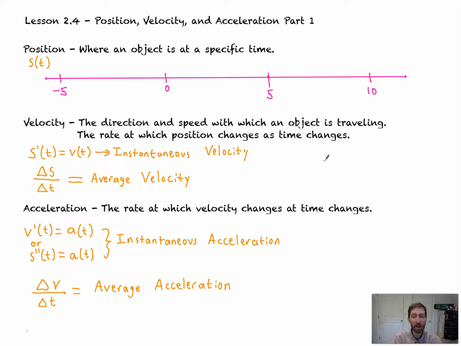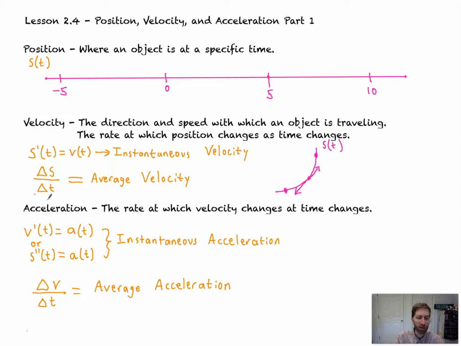The difference between these two things is very subtle, yet huge. Maybe it's not so subtle. So if I draw a random curve, let's say this is a curve that describes the position at any time t. The instantaneous velocity at a time would be this right here. It would be the slope of the tangent line at a point, the derivative. That's how fast you're going right now, like you're clocking a car with a radar.